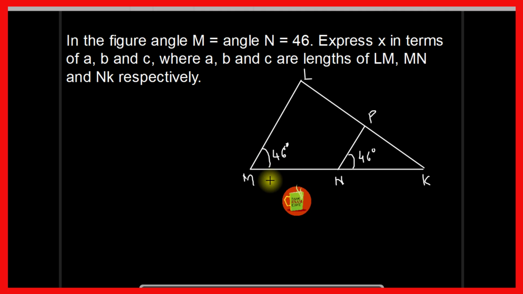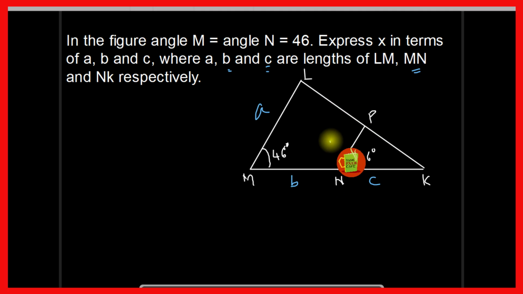So LM is a, MN is b, and NK is c, and we have to write the value of x in terms of a, b and c.